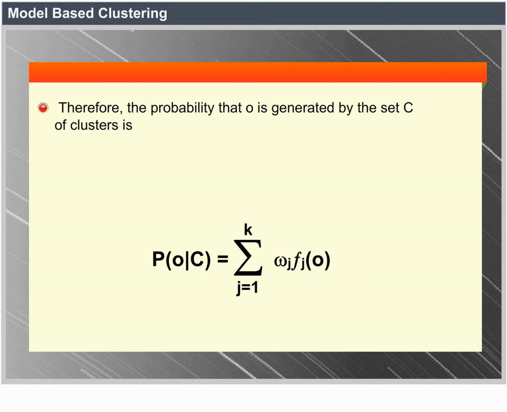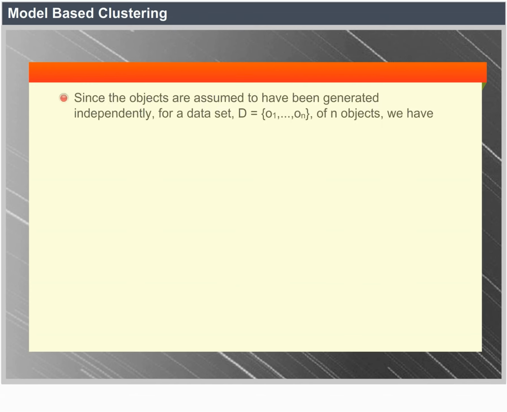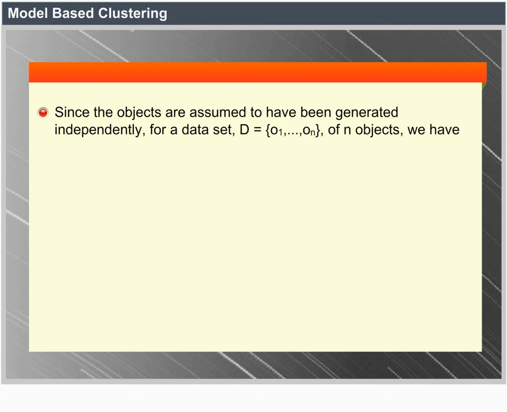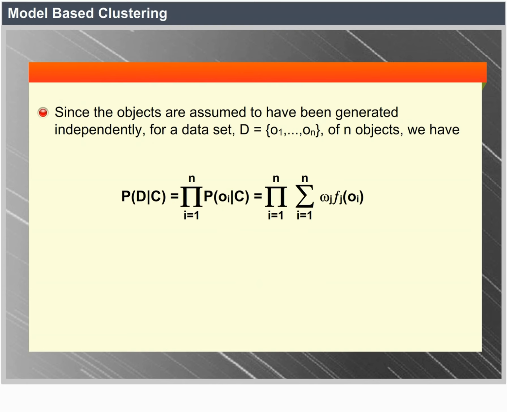Since the objects are assumed to have been generated independently, for a dataset D equals O1 going up to On of n objects, we have the conditional probability of D given C equals the product of i equals 1 to n of the conditional probability of Oi given C, which equals the product of i equals 1 to n of the summation j equals 1 to k of omega j Fj(Oi).